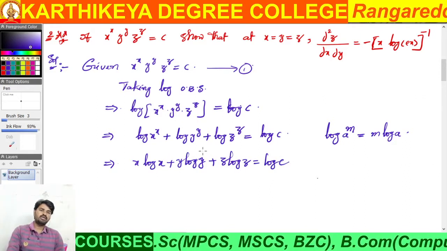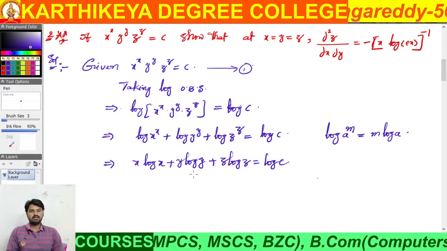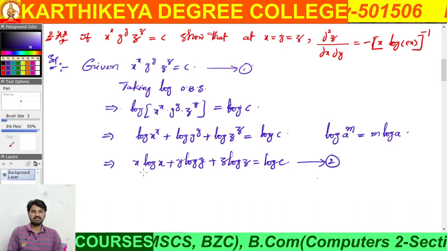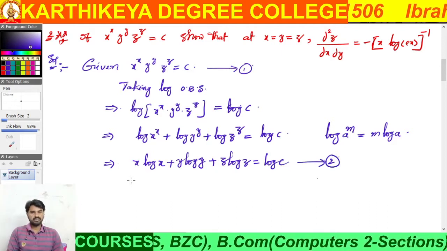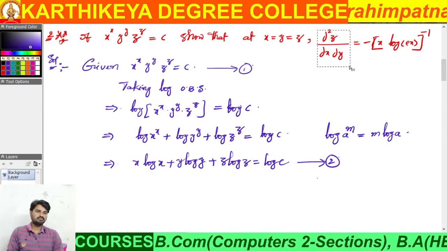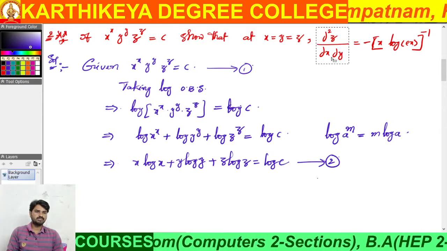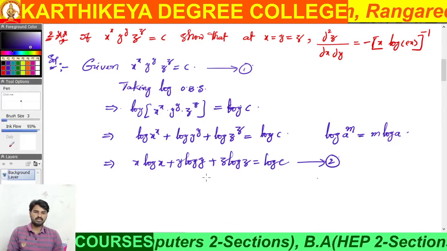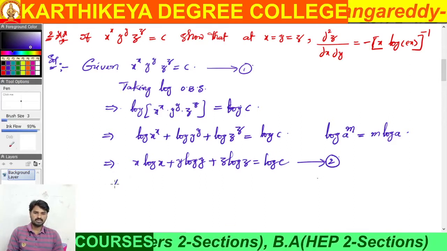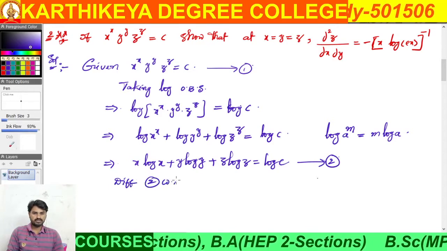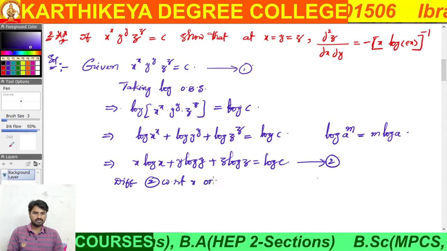So here we have simplified all the logarithmic functions, so there are no more simplifications from here onwards. So that's why we need to differentiate here. Here we differentiate two times, that means with respect to x and with respect to y. Now I am going to differentiate this one first with respect to x on both sides.